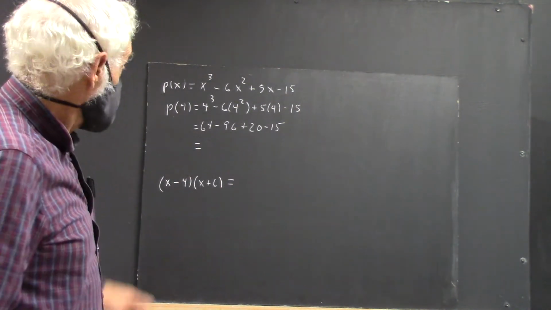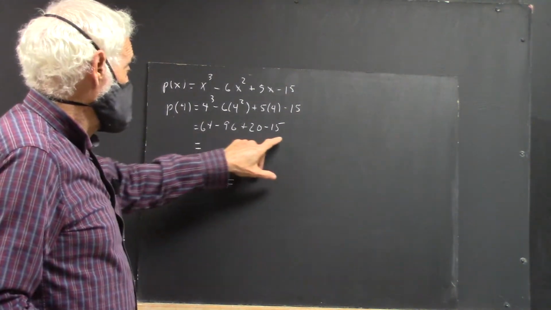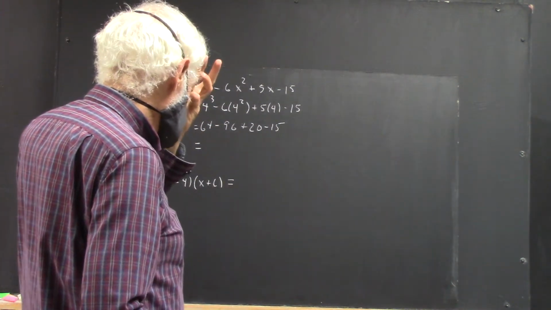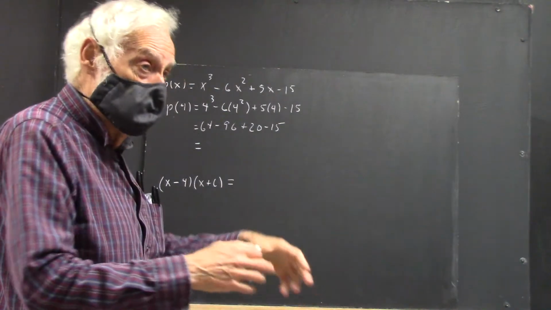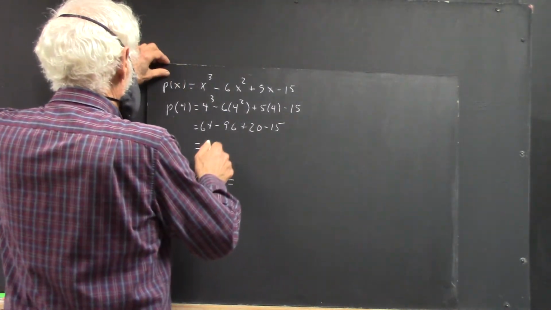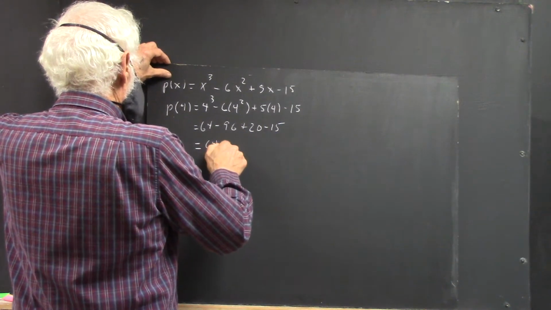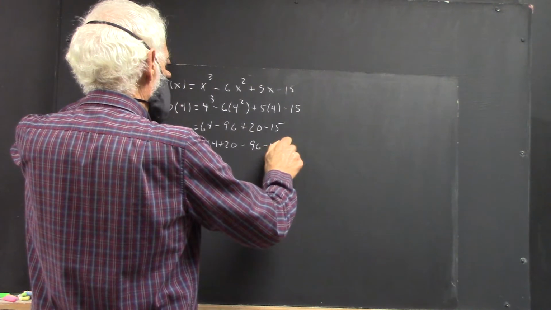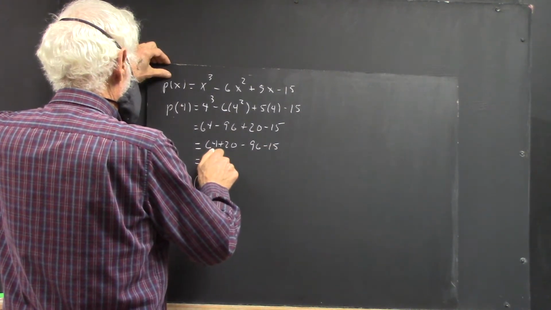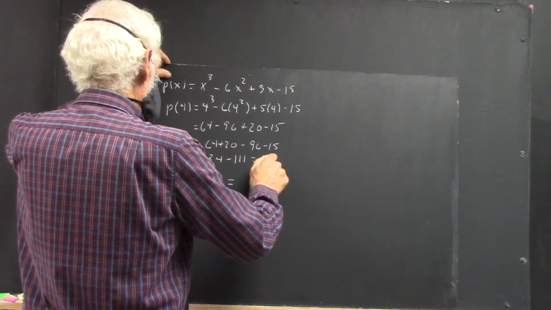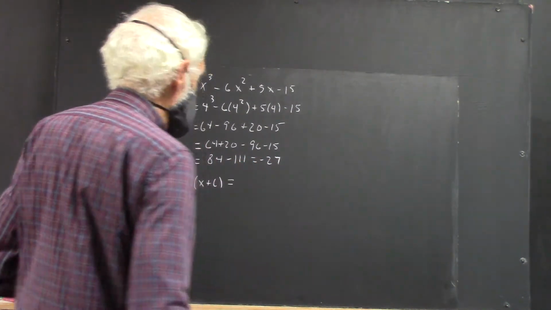Okay, so now you have a total of negative 96 and negative 15 and 64 and 20. And of course you have the associative law and commutative law of addition. You put those together so you can write this as 64 plus 20 minus 96 minus 15, and that's going to be 84 minus 111, and that's going to be negative 27.